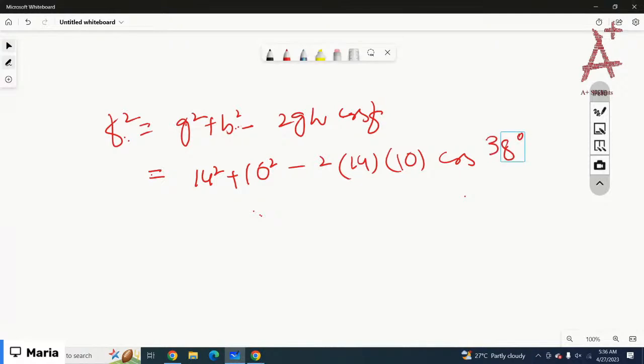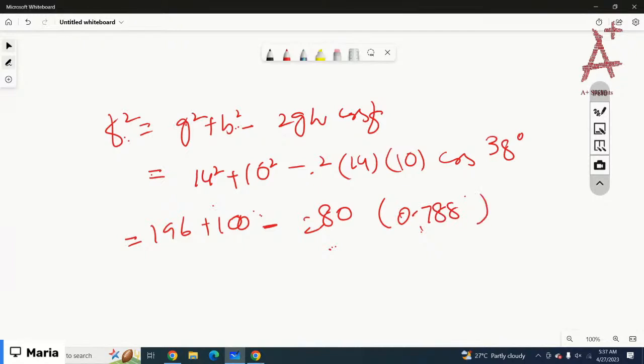Okay, let's just calculate the values. 14 square is 196, 10 square is 100, and 2 times 14 times 10 is 280, and cos 38 is 0.7880.